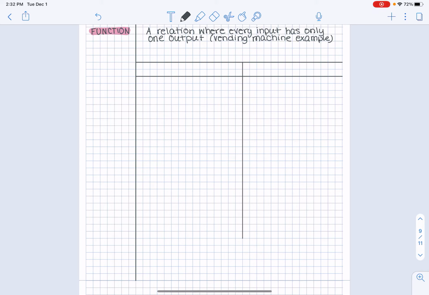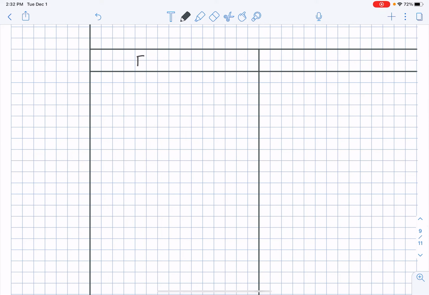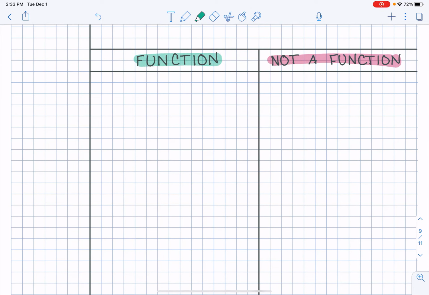And I want to leave a little bit of space at the end for my summary. My first column is going to be called function. These are going to be all of my examples that are functions. And my second column is going to be called not a function. It's going to be all my examples that are not functions. And you know I love highlighting, so I'm going to highlight these for myself.